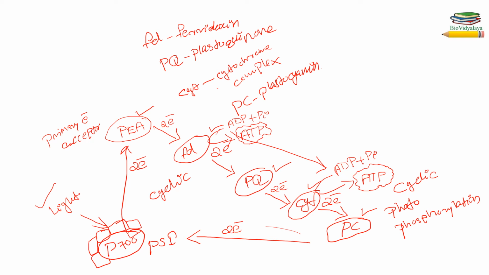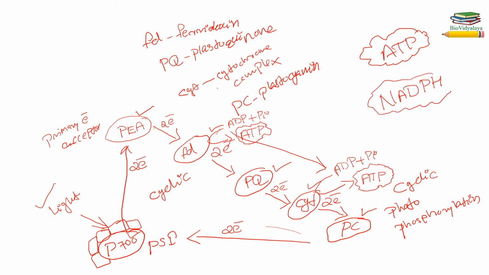Here only ATP is synthesized. In cyclic photophosphorylation, only ATP is produced. There is no production of NADPH or reducing power.